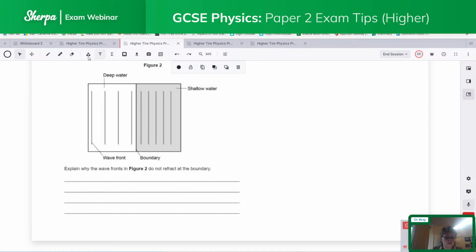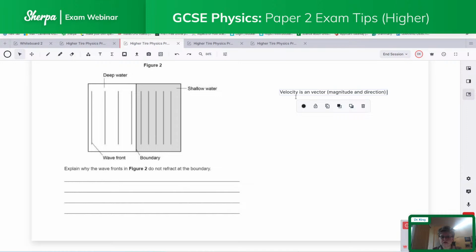I hope you know that velocity is a vector. A vector has magnitude and direction.